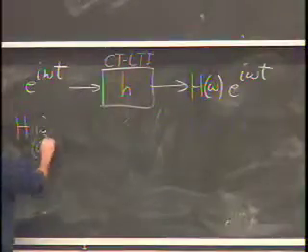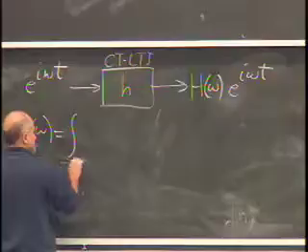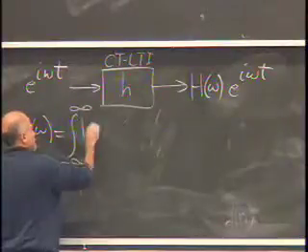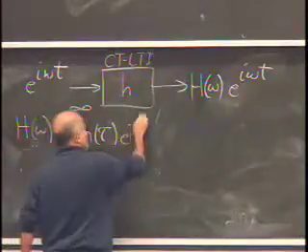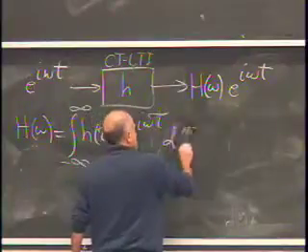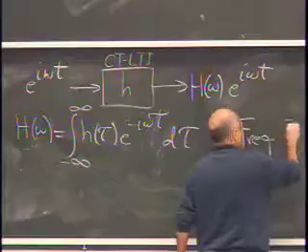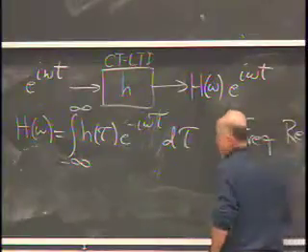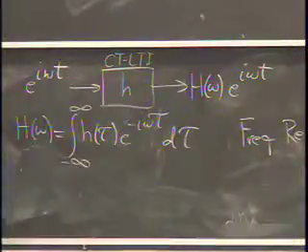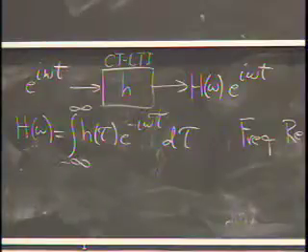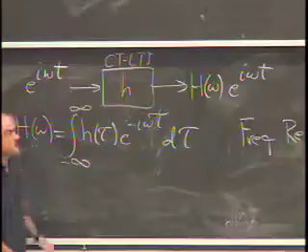So H of omega is defined as the integral of h of tau e to the minus I omega tau d tau. Pretty much the same as the discrete time story, except instead of a summation, you have an integral.